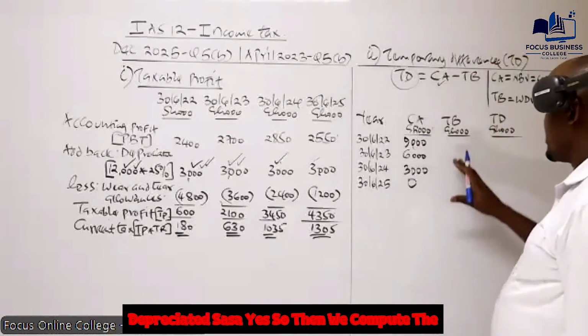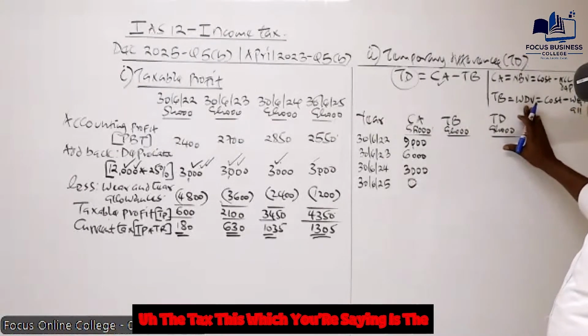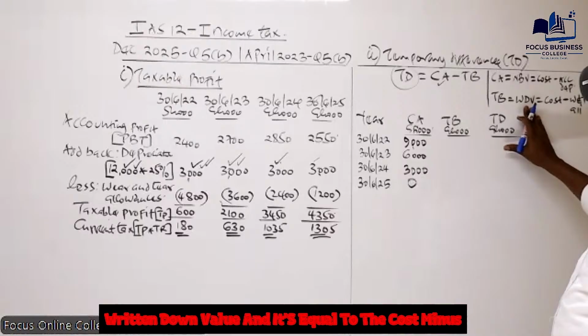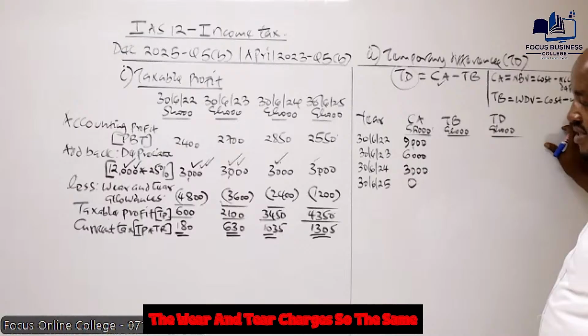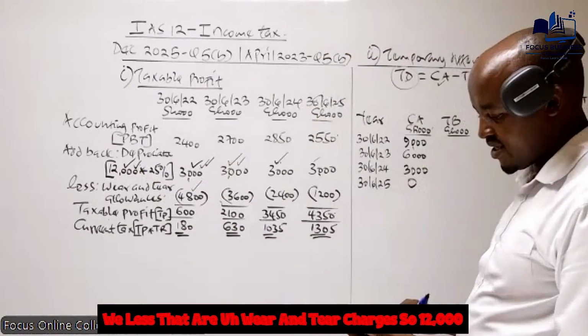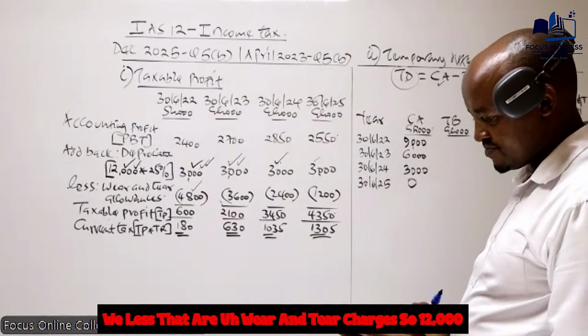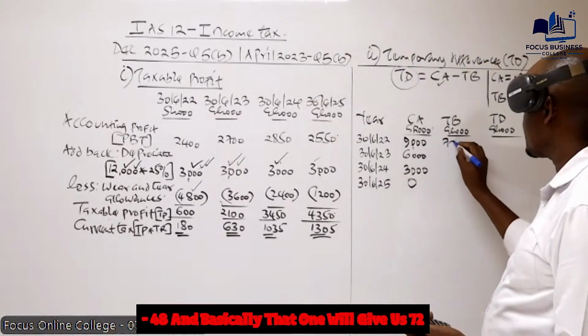Then we compute the tax base, which is the written down value, and it's equal to the cost minus the wear and tear charges. So we will take the cost, but here we less the wear and tear charges. So 12,000 minus 48, and basically that one will give us 72.